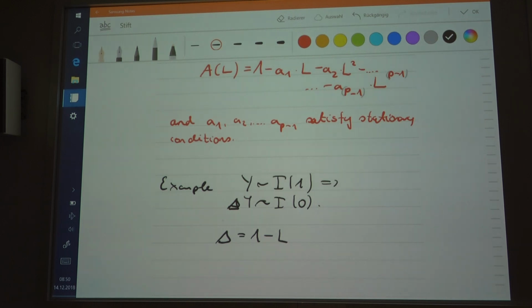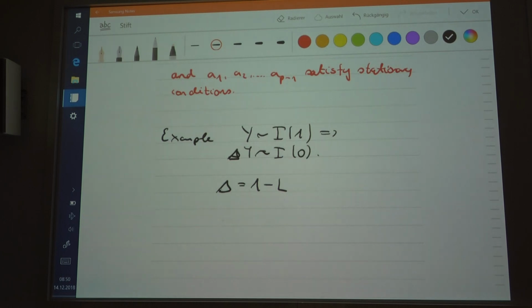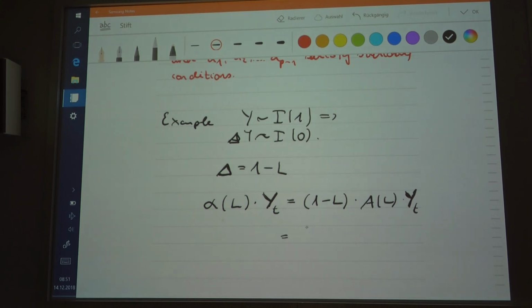So if you write the lag polynomial times y, then here you have the difference operator: 1 minus L times A(L) times y_t. And this is the difference operator for this process.